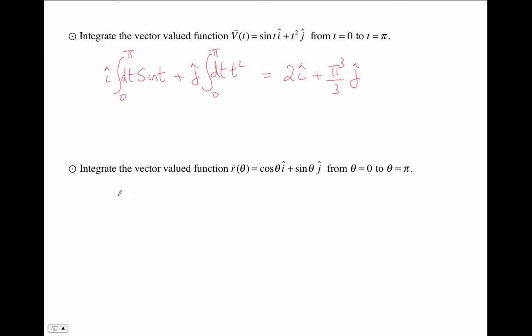So let's first of all integrate this over theta from 0 to pi, and there's i cosine theta plus j sine theta, and again these integrals are trivial. The integral of cosine theta from 0 to pi is 0 because it's as much positive as negative, and so this is just the integral of sine theta, that's 2j.